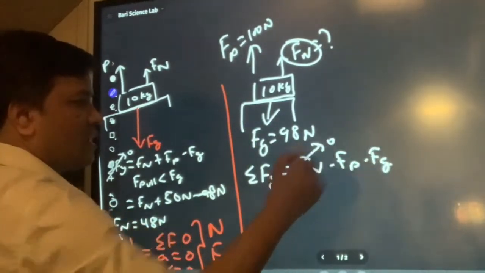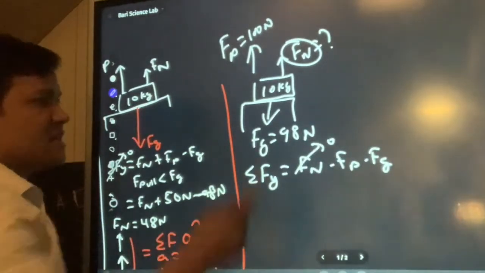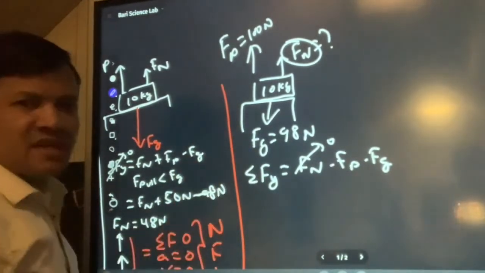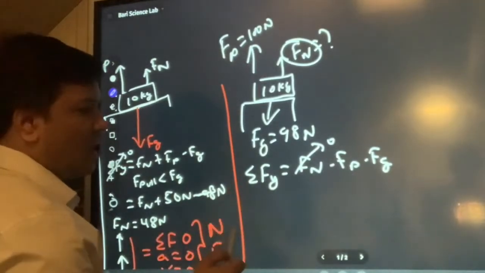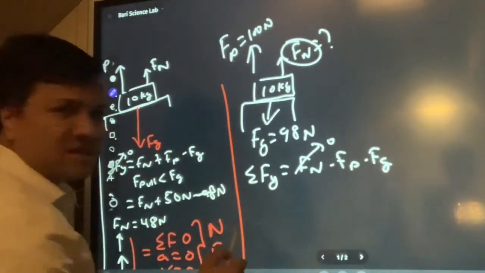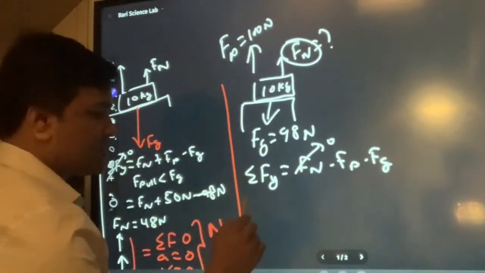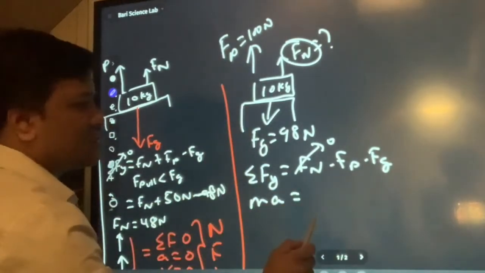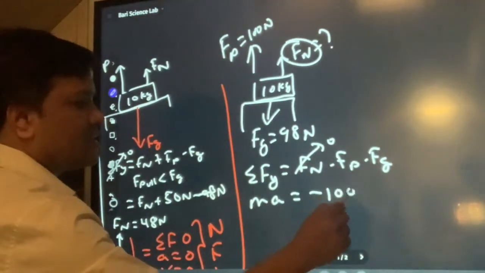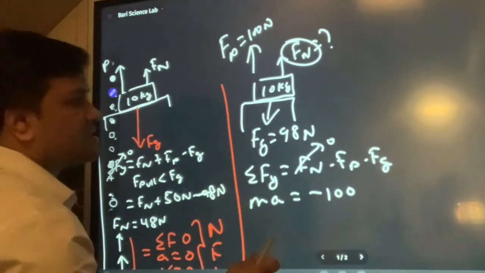Fn is 0. Why is Fn 0? Because there is a net force in the y direction. So since there is a net force in the y direction, we're going to use Newton's second law, which is ma. Fp is 100, and Fg is 98.